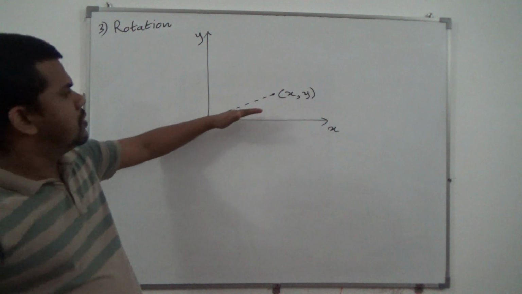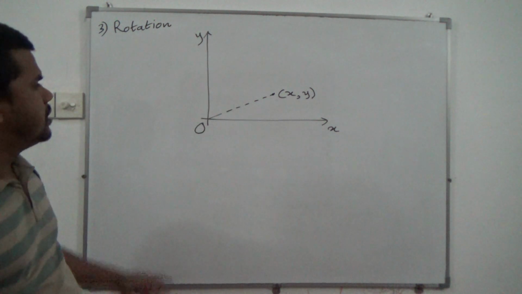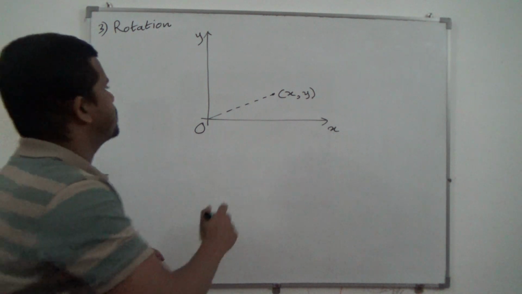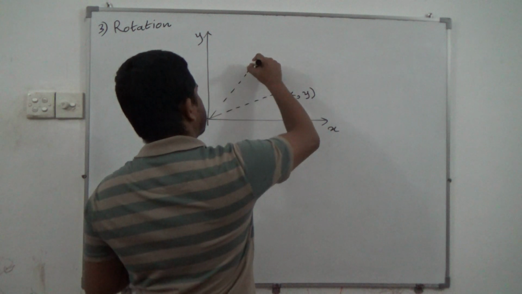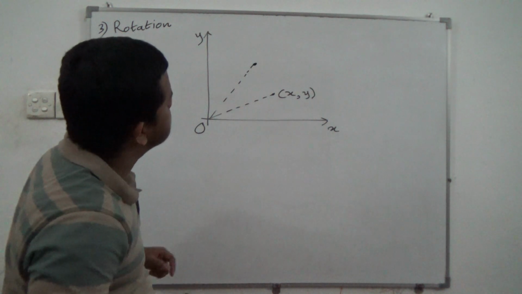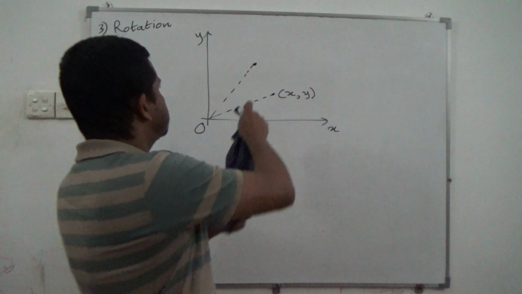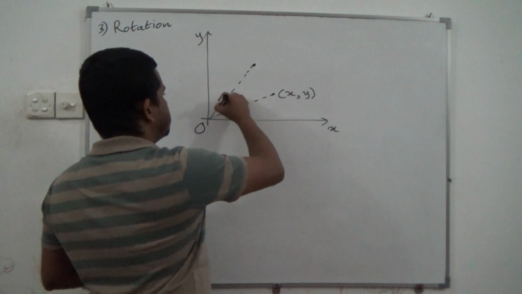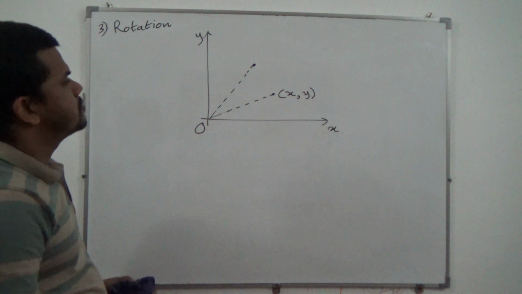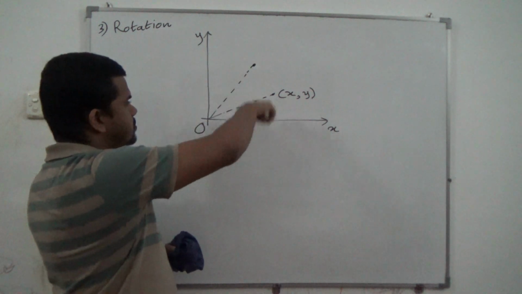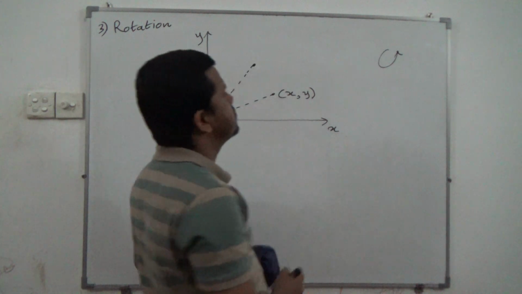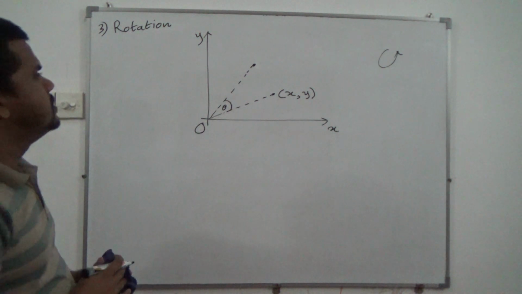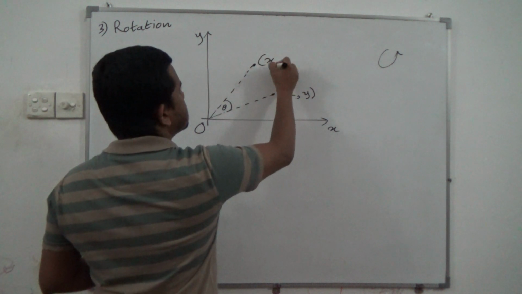That point rotates around the origin in anti-clockwise direction by an angle of theta. Then we get x1 comma y1.